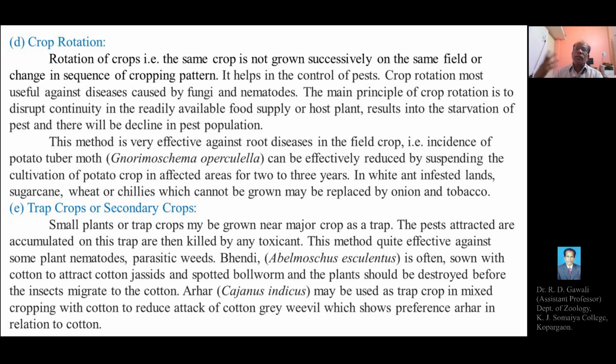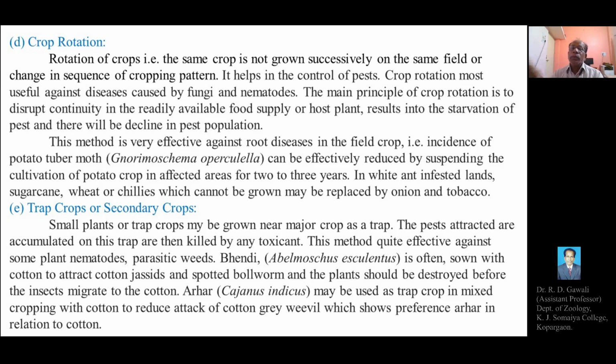So this is again another trap crop, the plant arhar, which can also be used as a trap crop along with the cotton field, so as to reduce the cotton grey weevil, which shows a preference for the arhar in relation to the cotton.